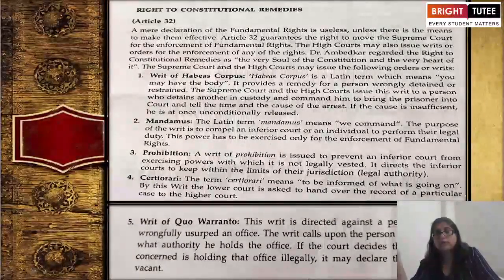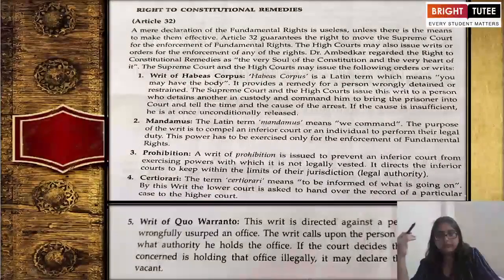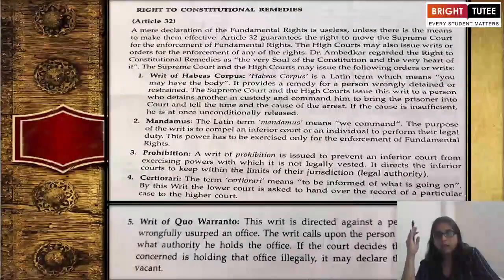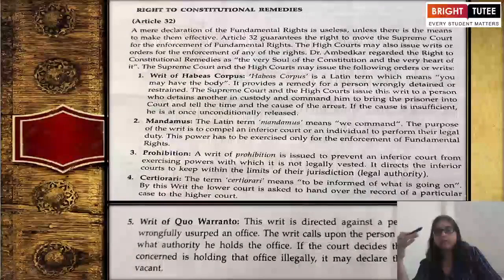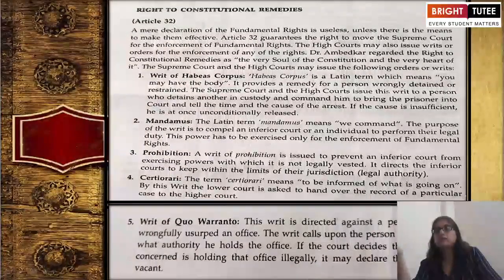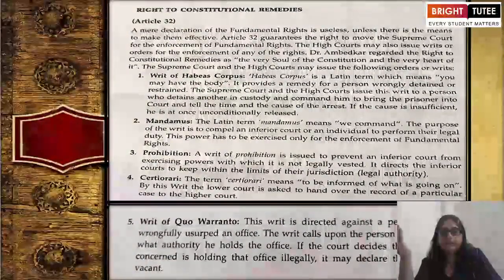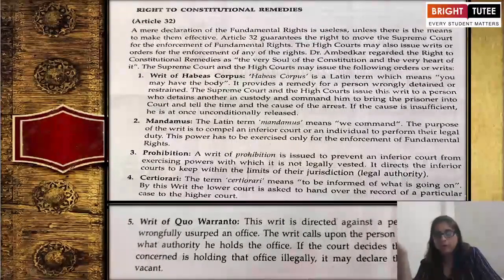Because of these constitutional remedies, if the state tries to deprive anyone of these basic rights, the individual can seek protection. Through the Supreme Court and the High Courts, the Constitution has entrusted the task of protecting the fundamental rights. These courts provide protection through writs and orders, which are explained here.